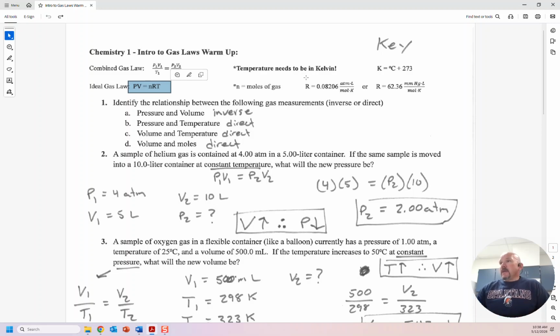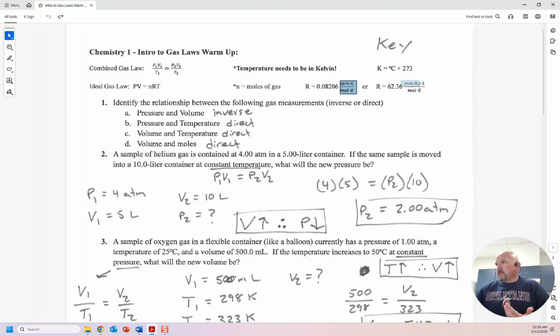And the trick is making sure you use the correct R value. Notice the R value tells you what all your units need to be. So if I'm using this R value, then pressure has to be atmospheres, volume has to be liters, amount of gas has to be moles, and temperature has to be Kelvin. The only difference for this R value is the unit of pressure. So notice the volume is liters, the amount of gas is moles, the temperature is Kelvin, just like this R value.